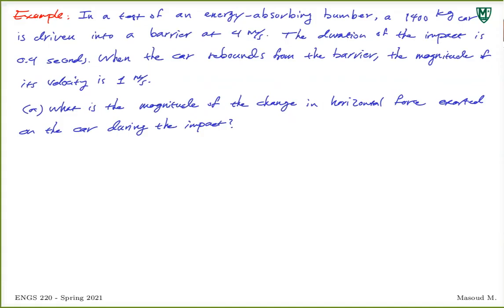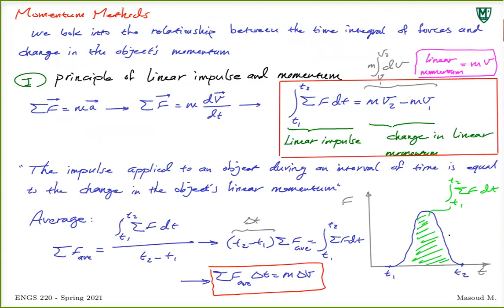Right, so let's just solve the first part, then I'll talk about the second. So going back to the simplified version of the equation, this one, when we're dealing with average force, or we're looking for the average force. We are not given the exact way the force changes as a function of time.